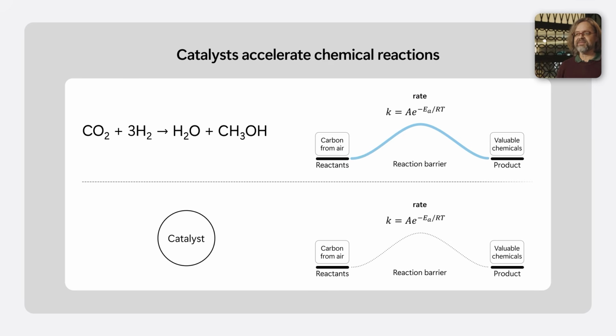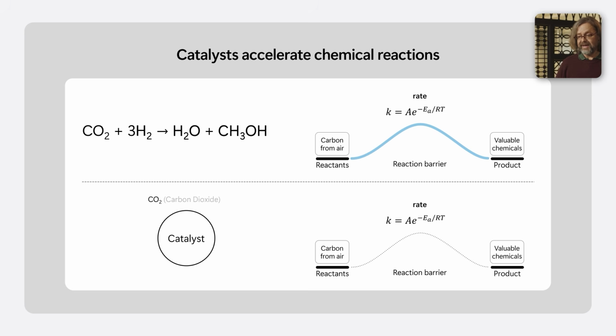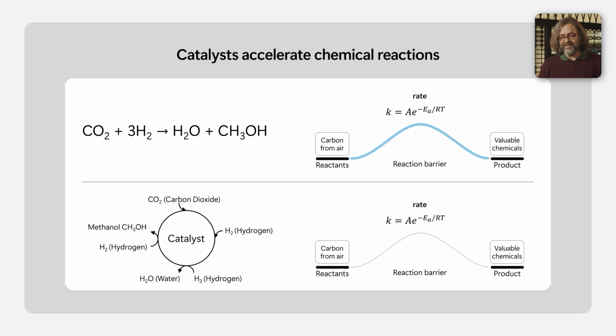The catalyst is the substance that accelerates the reaction without being used up in it. So in this case, CO2 and hydrogen bind to it, react in many steps, and they get out the methanol, and then the catalyst can bind the next CO2 molecule.